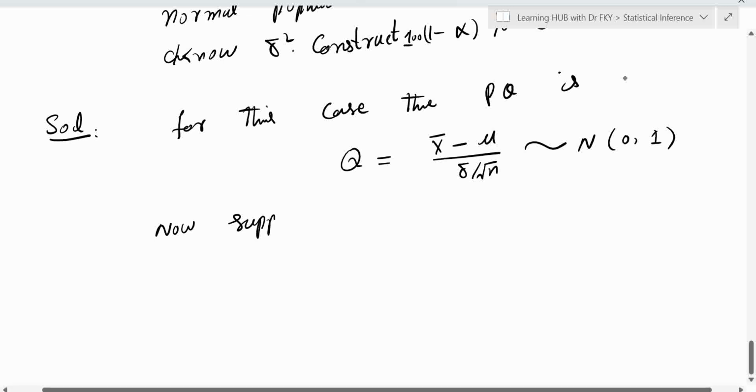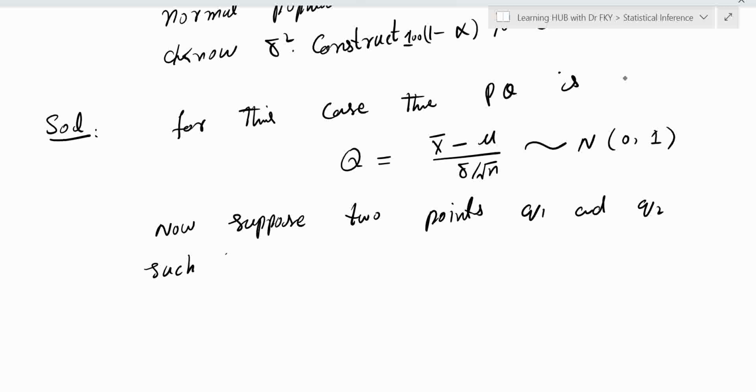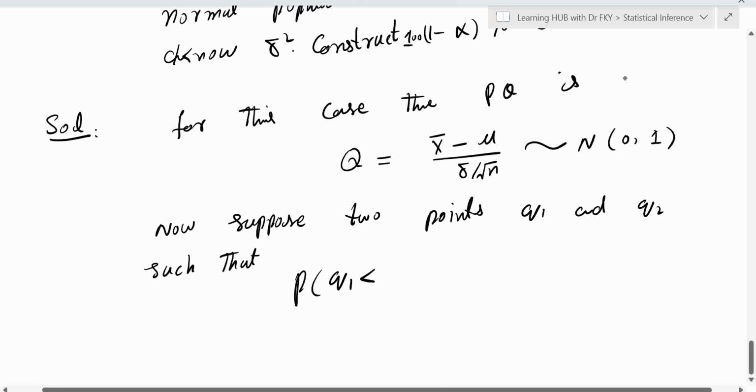Now suppose we take 2 points Q1 and Q2 such that the probability that the pivotal quantity lies between Q1 and Q2 is equal to 1 minus alpha.